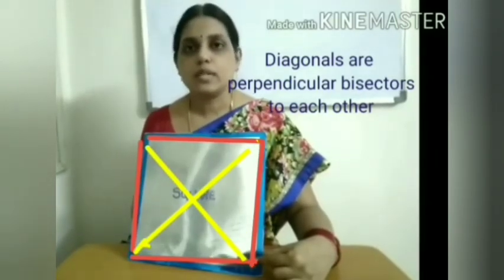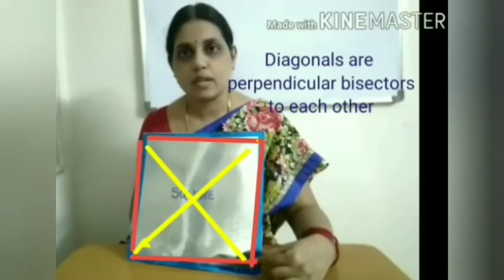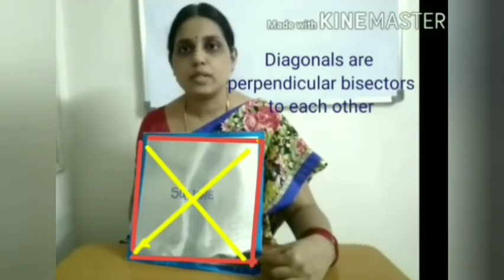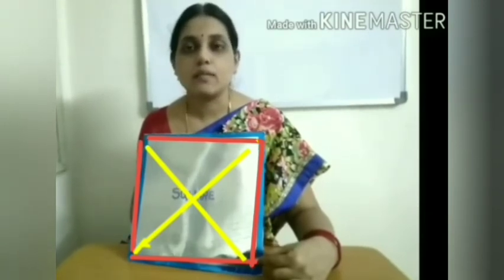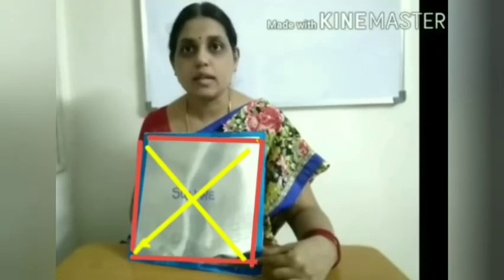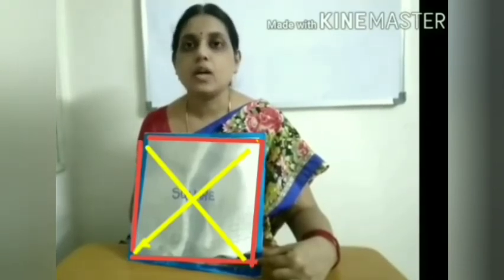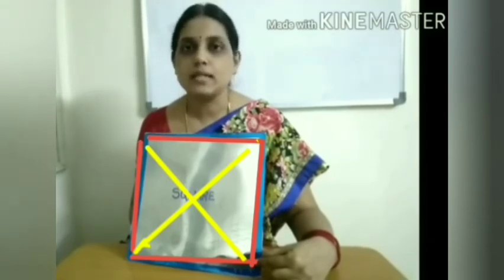All the properties of rectangle, rhombus, parallelogram are satisfied by square also, and additional properties also will be there. Here one point you have to remember, the diagonals are equal in length in rectangle and square. The diagonals are perpendicular bisectors to each other in rhombus and square.